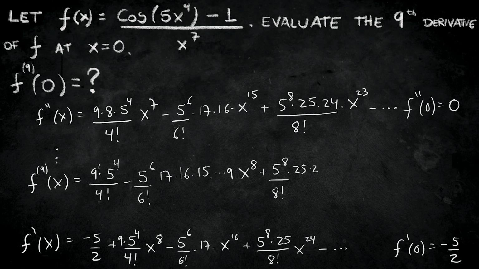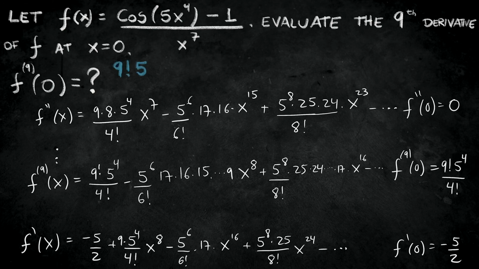Every single term that has power less than 9 is going to become 0. Every term that has power greater than 9, when you plug in 0, is going to be 0. And then we have your answer.